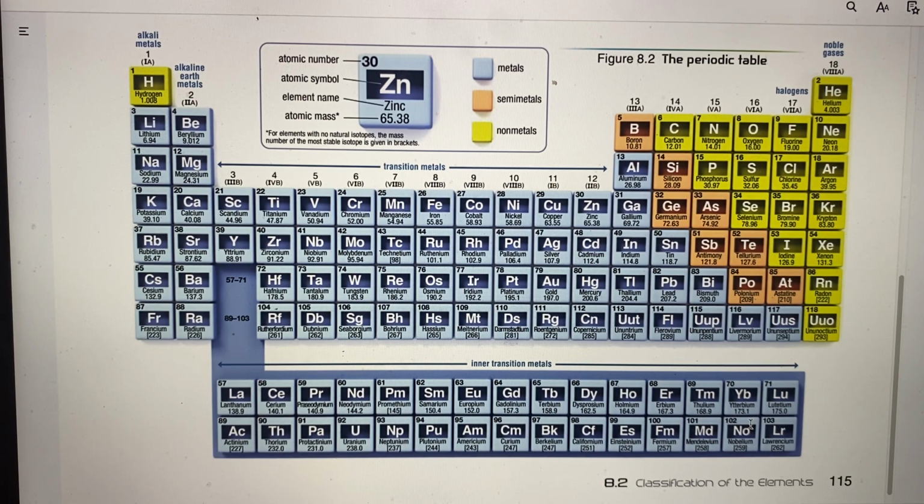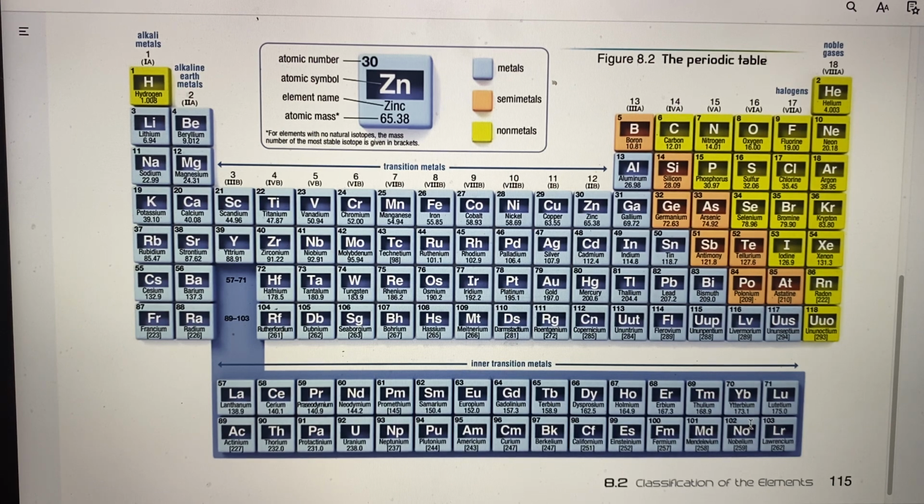And the main groups are a lot of representative elements, not only different metals, but also a good representative of these different types.